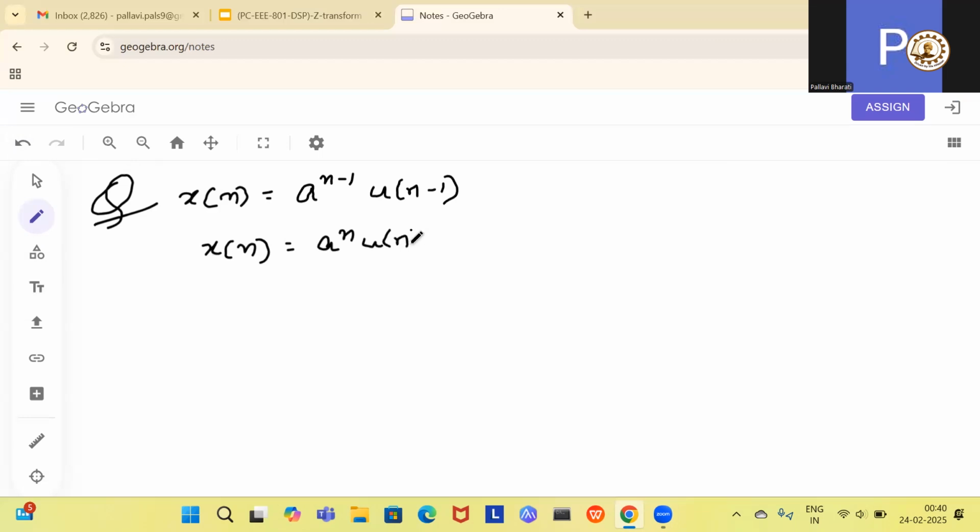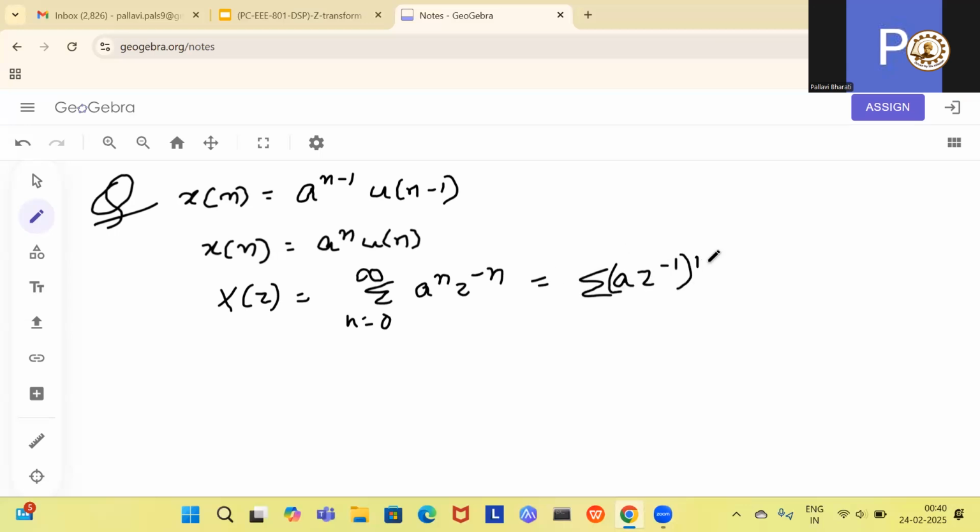You know the Z transform of this one? Sum over n equals 0 to infinity, a to the power n, z to the power minus n. I'm not writing the full thing. After doing it sometimes, you will be able to remember it. So the Z transform of this is basically 1 by 1 minus a z inverse.